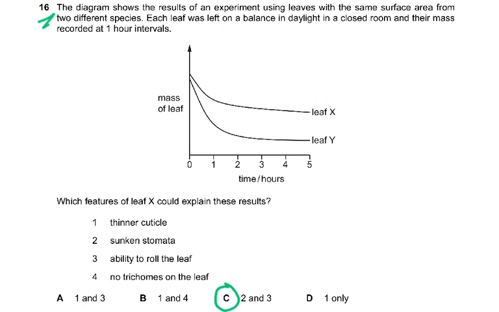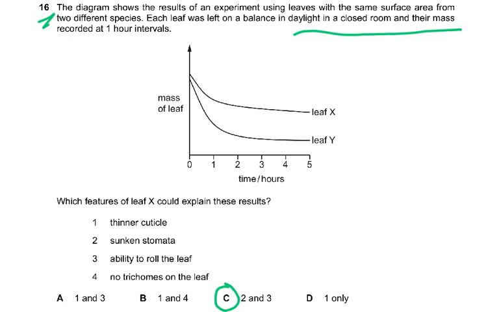The diagram shows the results of an experiment using leaves with the same surface area from two different species. Each leaf was left on a balance in daylight in a closed room and their mass recorded. So leaf X, what is the answer? Leaf X lost less water, so less mass loss, and leaf Y had more loss.